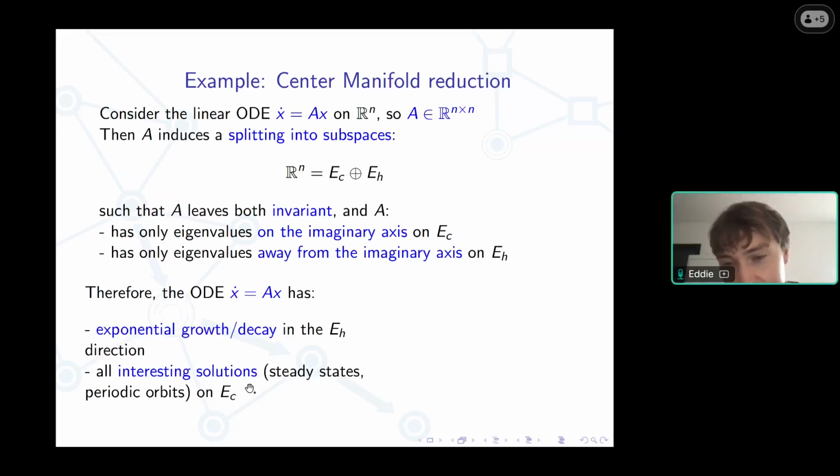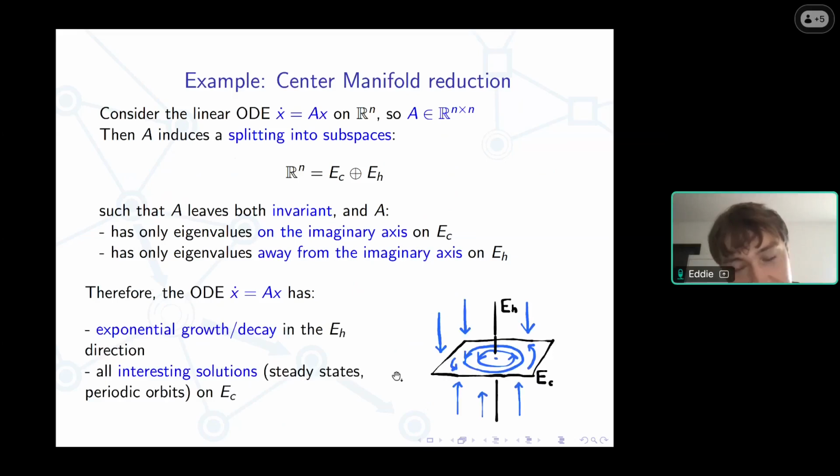So this is the picture to have: all exponential behavior in the EH direction. And you could argue how much interesting stuff there is in a linear system, but if there is, it's all on that EC subspace.